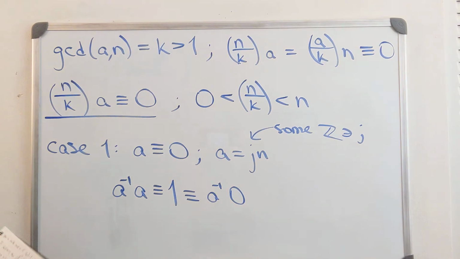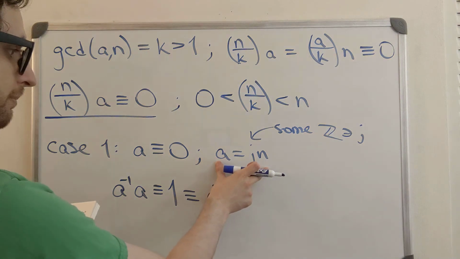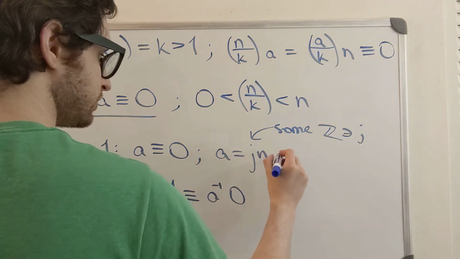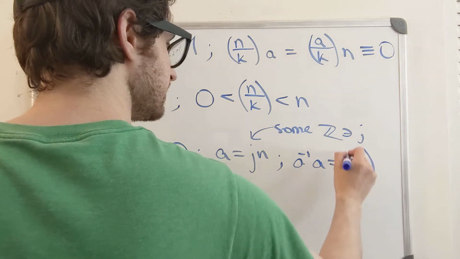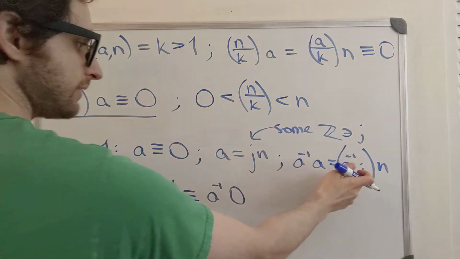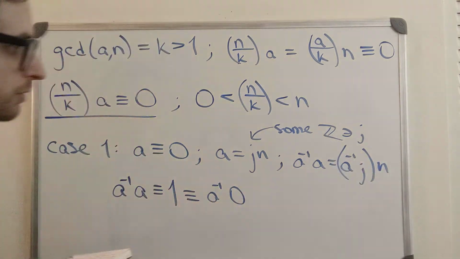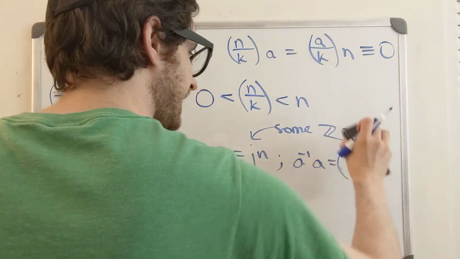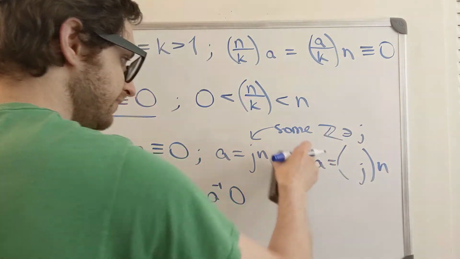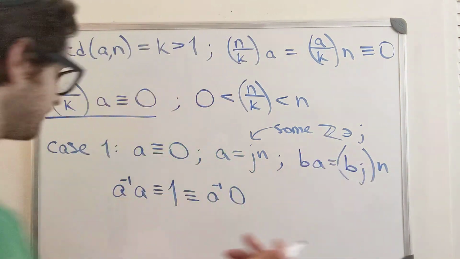It's easy to see because if a equals jn, then when I multiply it by a inverse, a inverse a equals a inverse j times n. So a inverse j is an integer, so this whole thing is still an integer multiple of n. In other words, no matter what I multiply a by, if it is 0 mod n, I'll still get something 0 mod n. In particular, it can't have a reciprocal.